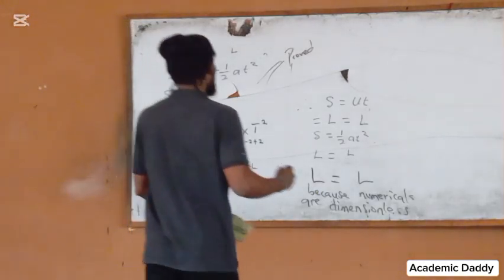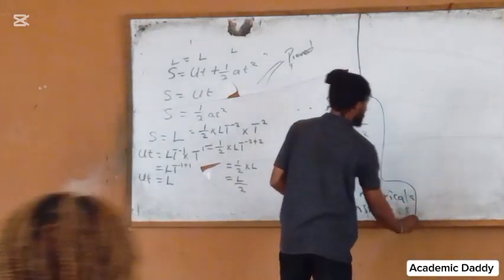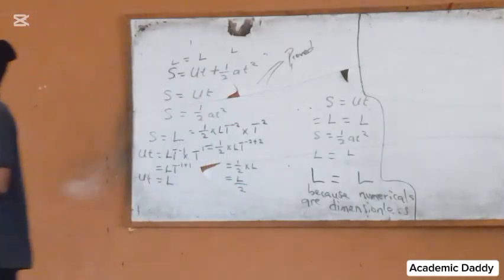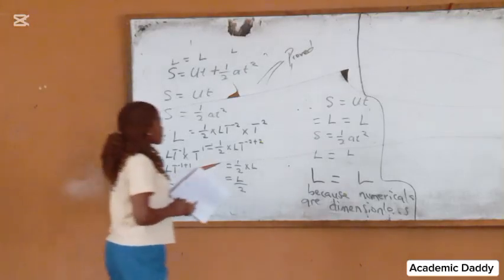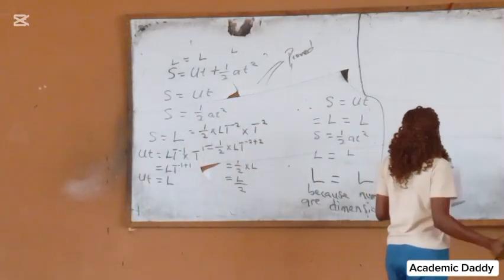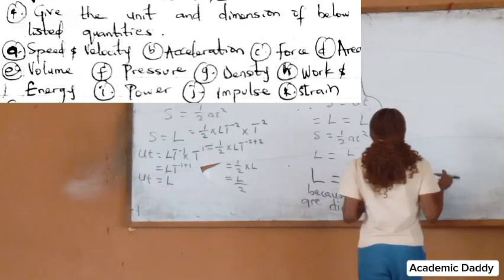I will not clean this one. Use this part of the board. So you see how she went around to climb this step. Please pay attention to whichever question she's solving so that we can learn. We are learning. It's not just display, we are learning.